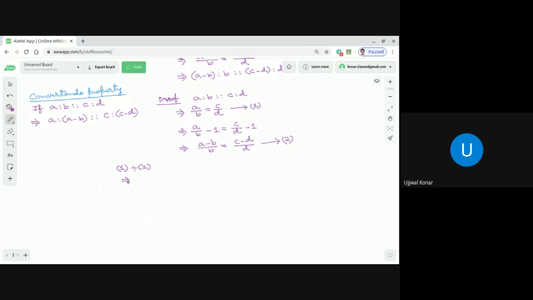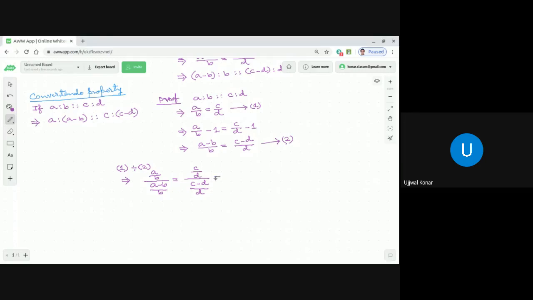That will imply A by B divided by A minus B by B is equal to C by D divided by C minus D by D. Then on the left hand side, B will get cancelled and on the right hand side, D will get cancelled.